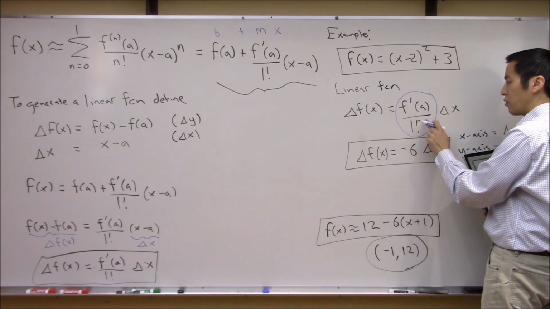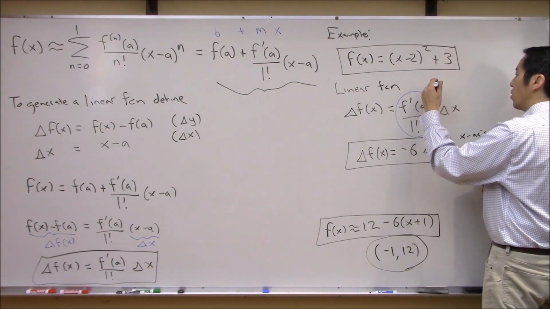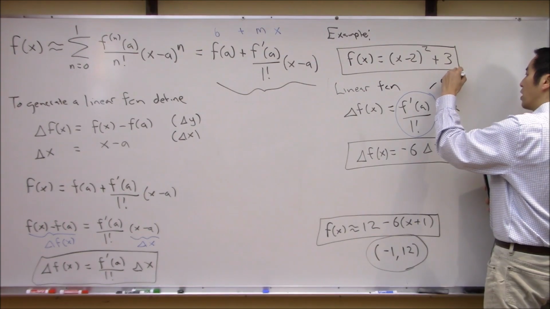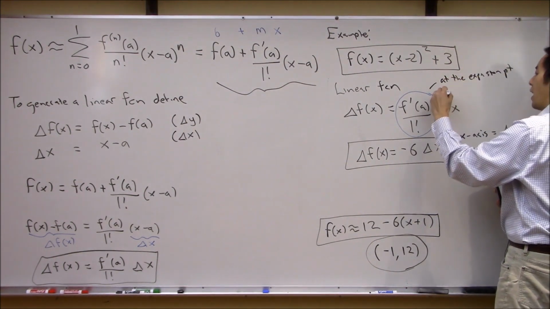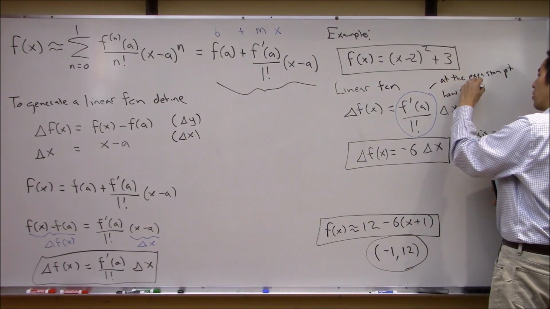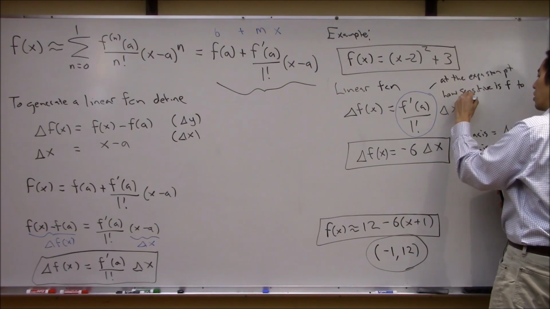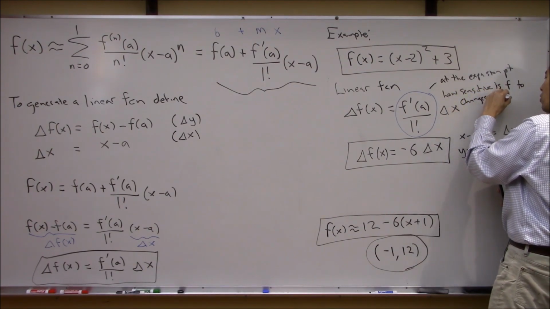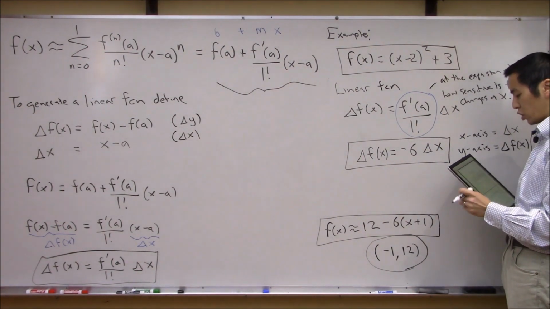That's really what this term is saying, right? So this here is almost like asking, at the expansion point, how sensitive is f to changes in x, right? So depending on your expansion point, this is going to change, right?